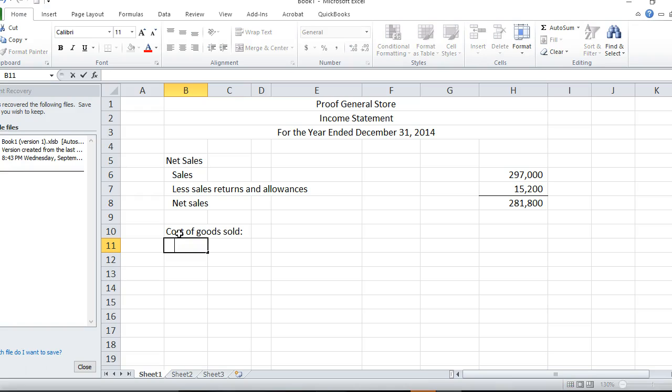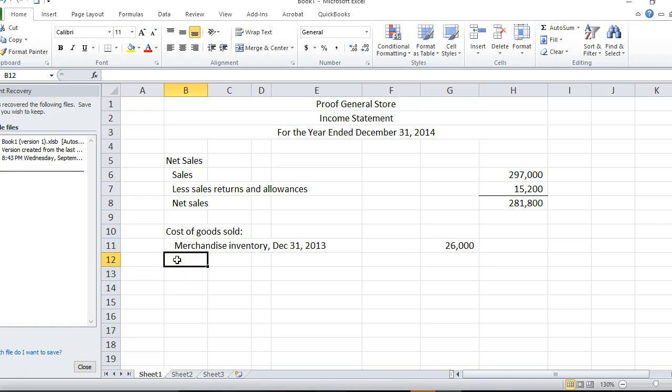To figure out our cost of goods sold, we start with the merchandise inventory as of December 31st, 2013, which is really the January 1st, 2014. How much is that? $26,000.